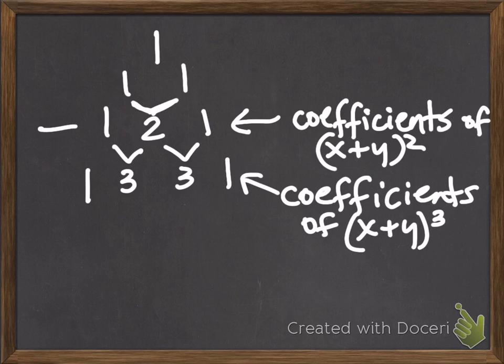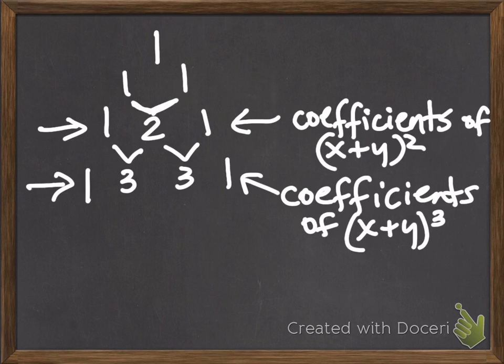And what you're going to see is on this line when we're squaring, our coefficients are 1, 2, and 1, which is what you saw when we did the FOILing on the previous slide. And then here are the coefficients when I showed you x plus y quantity cubed. These were the coefficients that showed up.